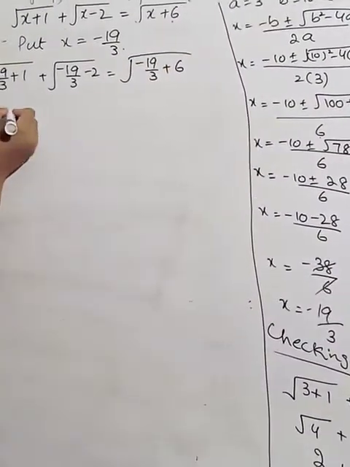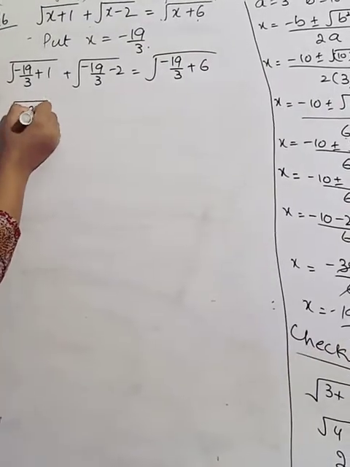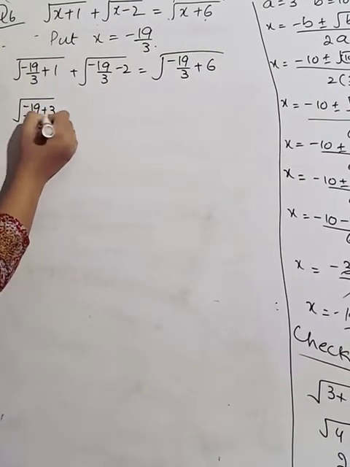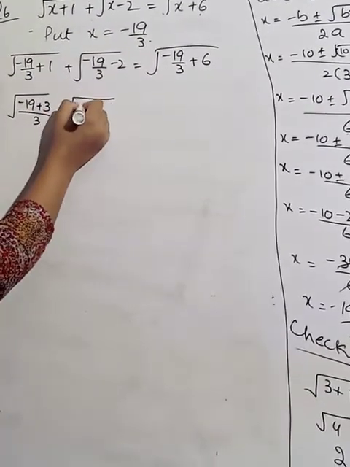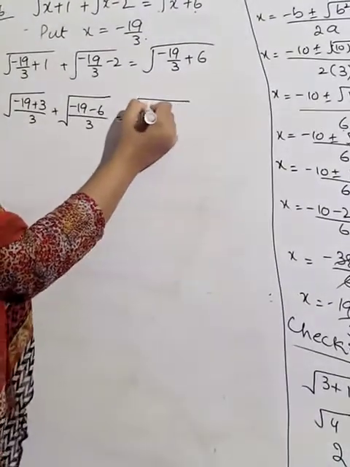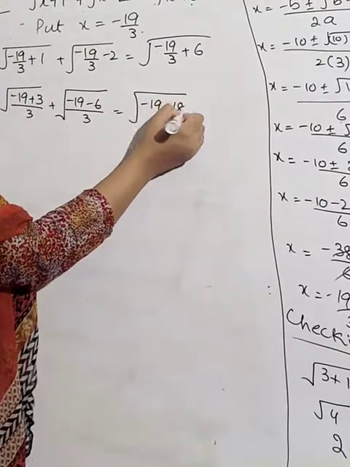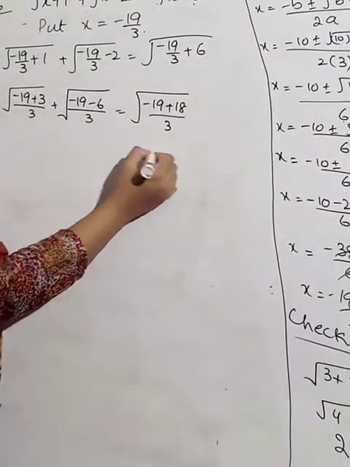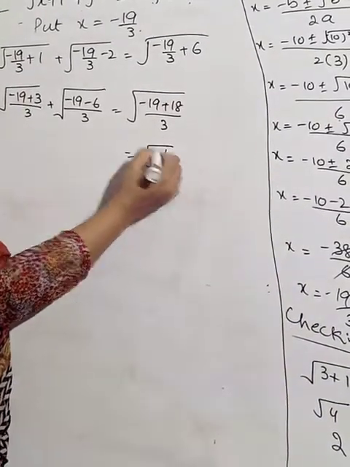Let us simplify. Minus 19 plus 3 over 3, then we have minus 19 minus 6 over 3, then we have minus 19 plus 18 divided by 3. That will become minus 1/3.